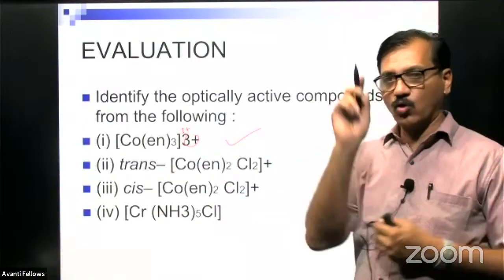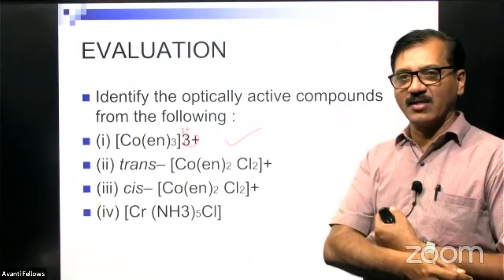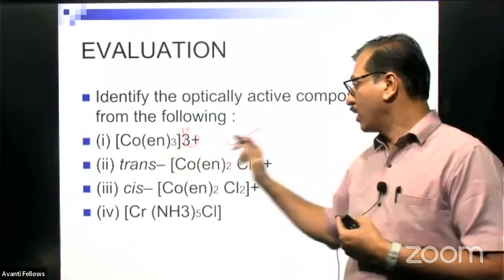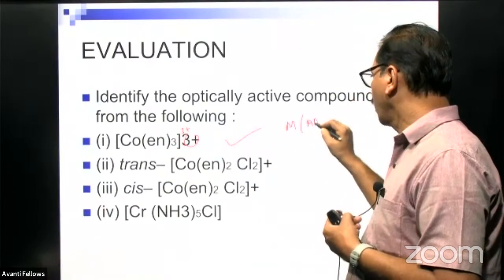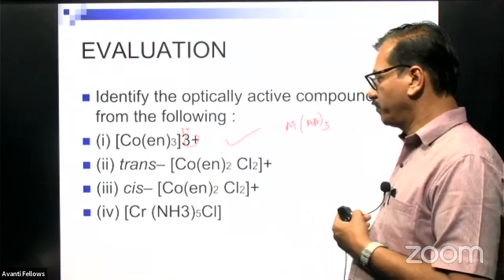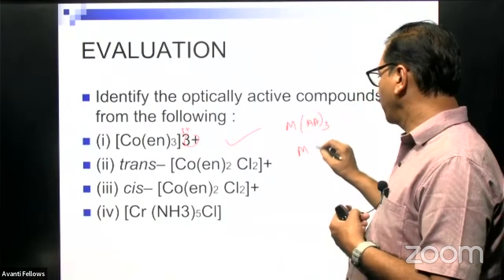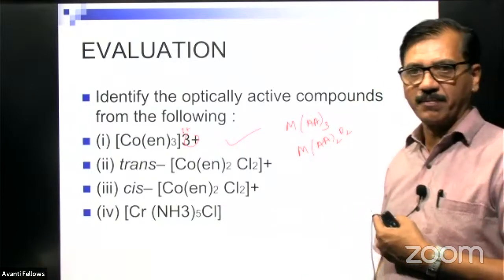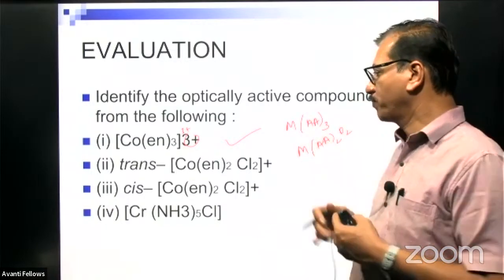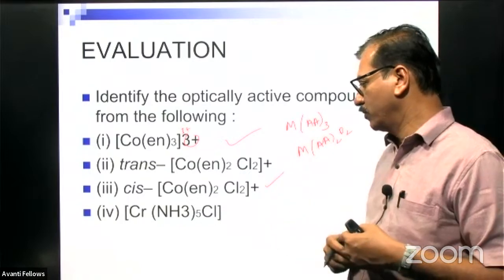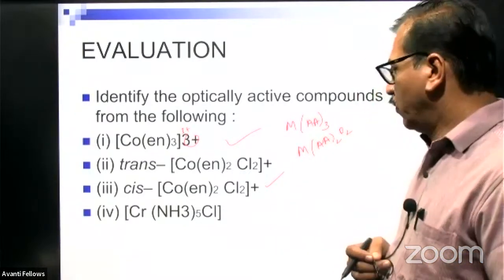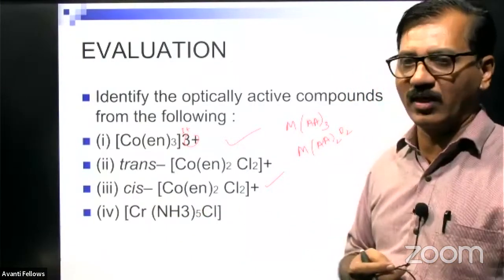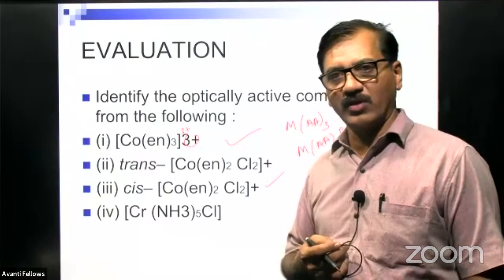Therefore, I told you the types which will form optical isomerism are MAA3 type, this type, and MAA2B2 or MAA2BC. The cis form of this will show it. So NH3 and Cl will not, because only one Cl is there. Wherever it is taken, it will be the same.